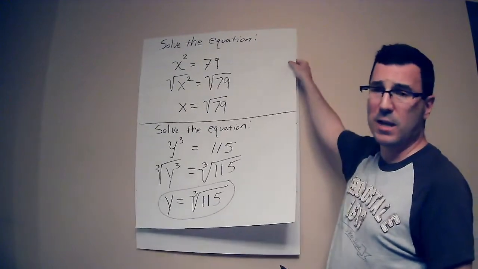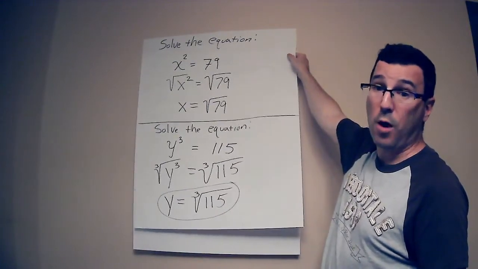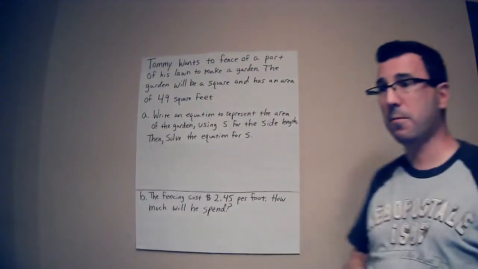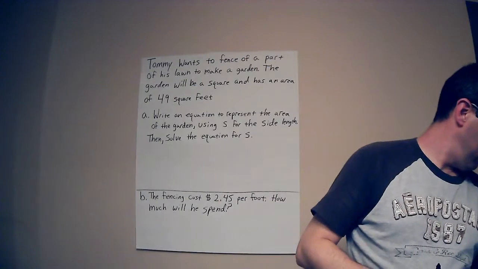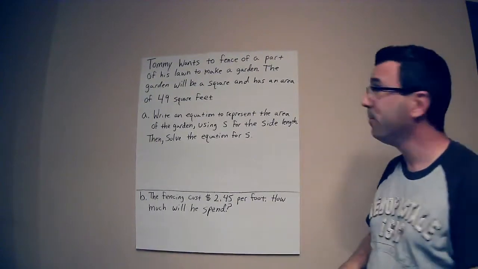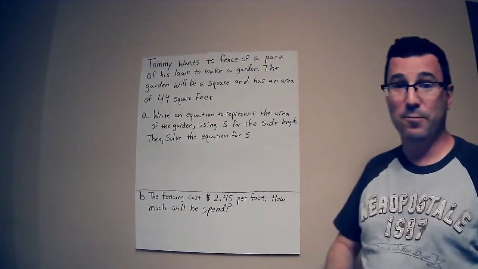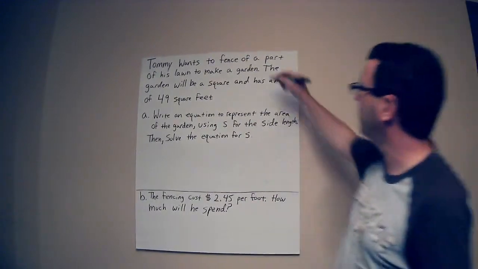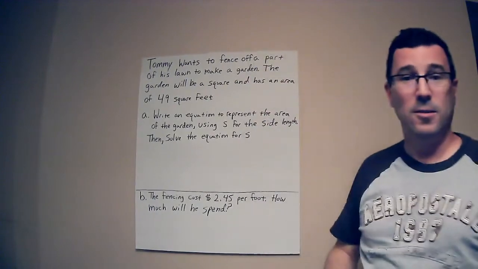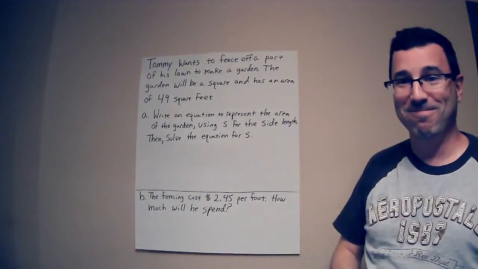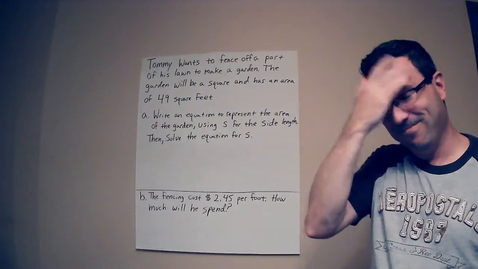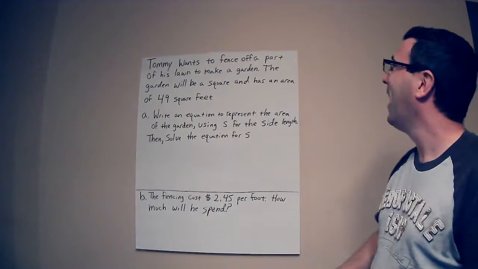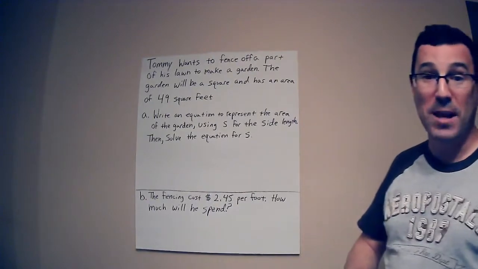Let's finally take a look at a multi-part word problem. Tommy wants to fence off a part of his lawn to make a garden.